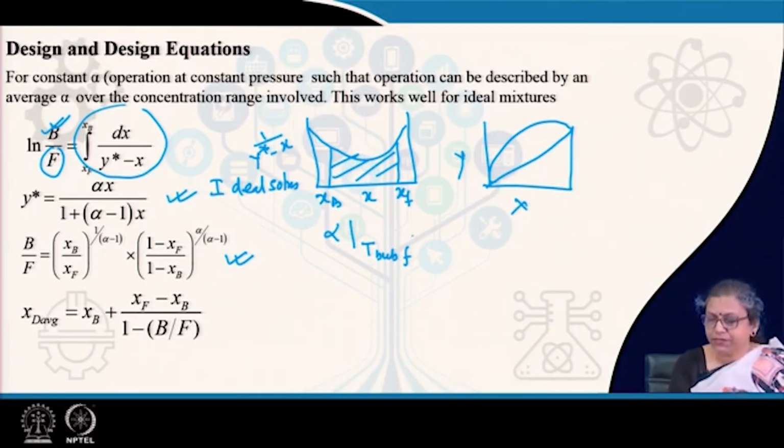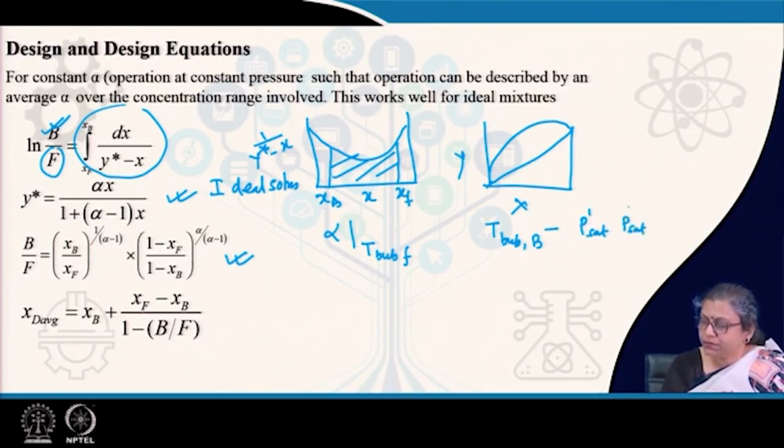At the end of the distillation, you know the corresponding bubble point temperature for the bottoms. Corresponding to that, you can find out P saturated of one component, P saturated of the second component.